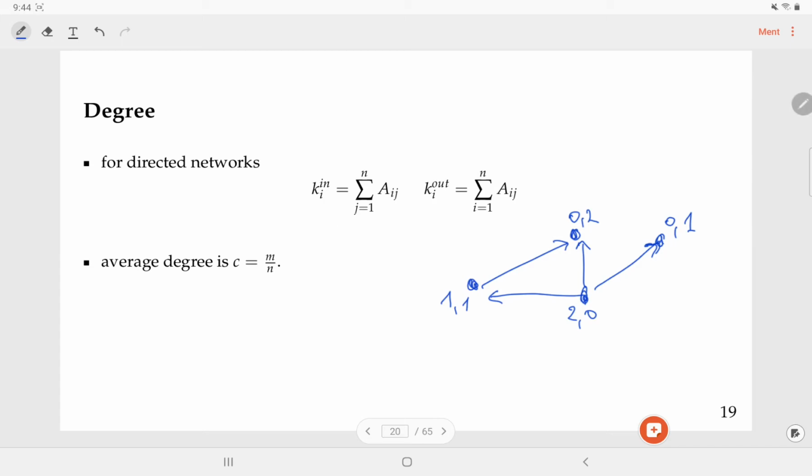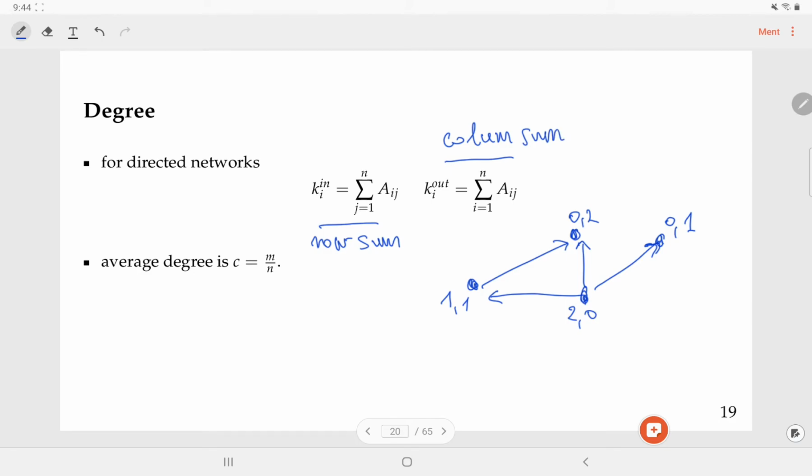The definition is simple, because the in degree is basically a row sum, and the out degree is this one, where now the running index is the first one, so this is going to be a column sum.